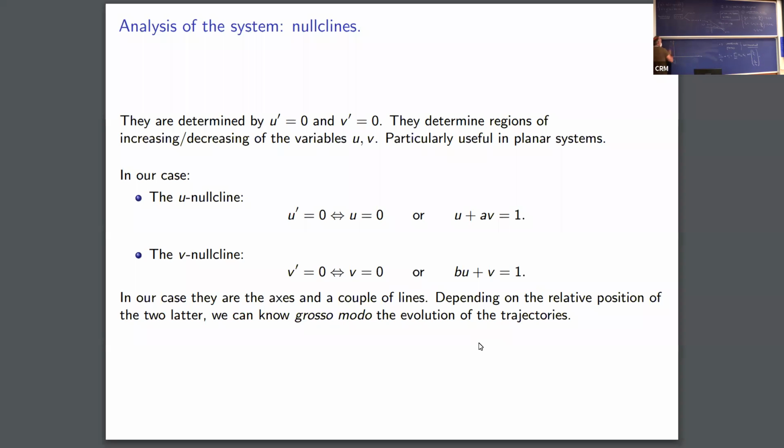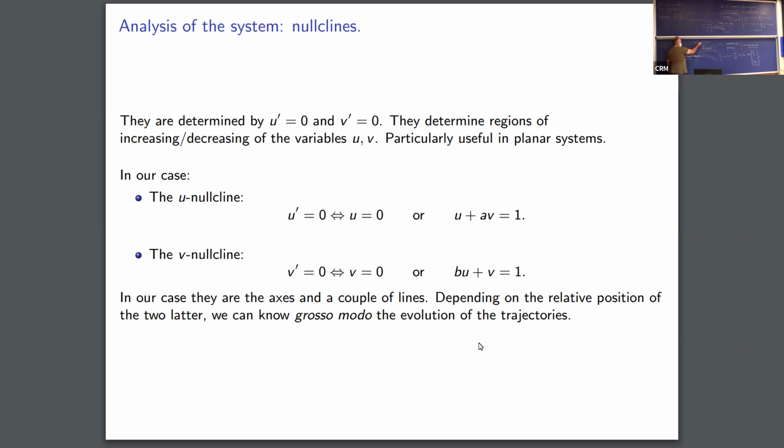Remember, your nullclines are this one, and also 2 lines. Just from this, you know that for u equal to 0 and v equal to 0, this one here, this is a fixed point. And also you have the same for this, and then you have also this. So if you intersect these sets, what you get is an equilibrium point.